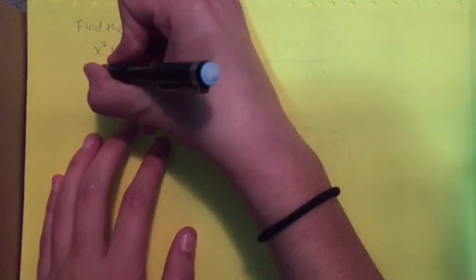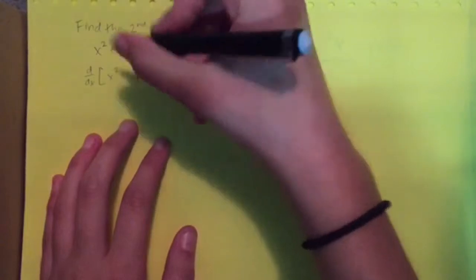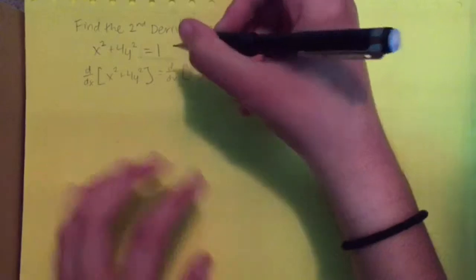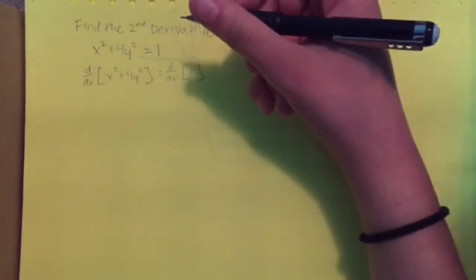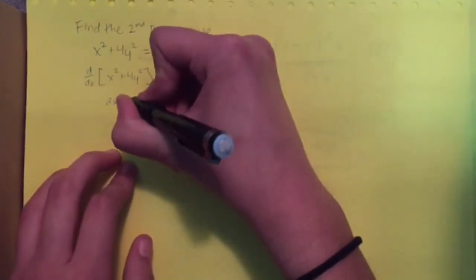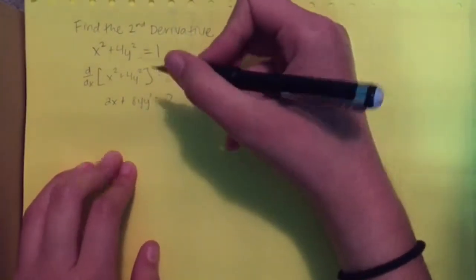Okay, so in some cases we might be asked to find the second derivative. In order to find the second derivative, you'd need to find the first derivative first, obviously. So we're going to start off the exact same way. d over dx of x squared plus 4y squared equals d over dx of 1. So this is going to leave us with 2x plus 8y y prime equals 0.